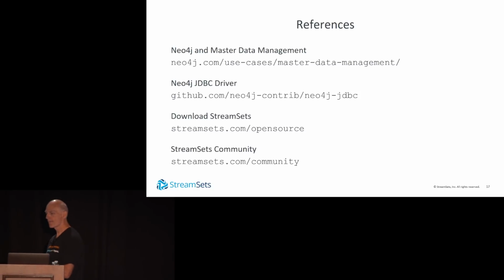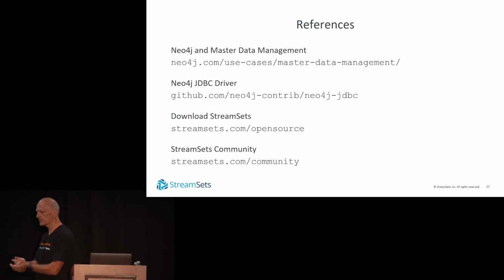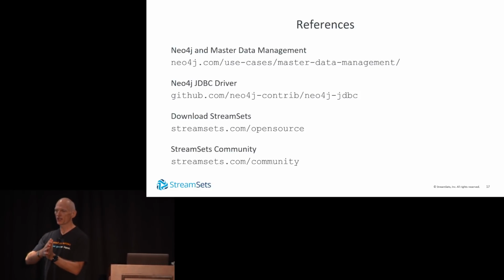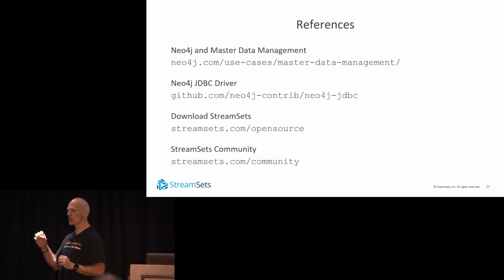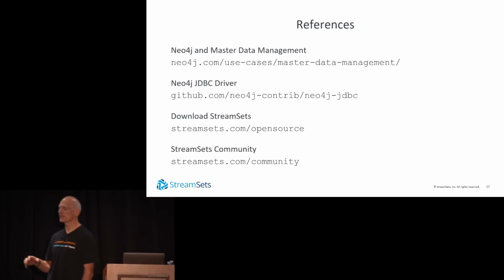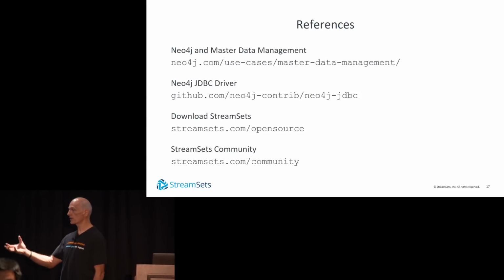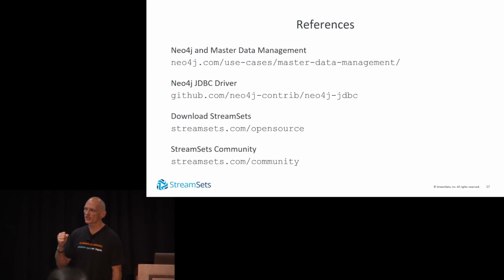Can you differentiate the StreamSets pipeline from, like, an Informatica Cloud pipeline? Yeah, so the question was, can I differentiate StreamSets Data Collector from Informatica? I'm not an expert on Informatica. My understanding is that they're a bit more focused towards the relational, schema-driven approach. We tend to work more in a schema-on-read kind of way.